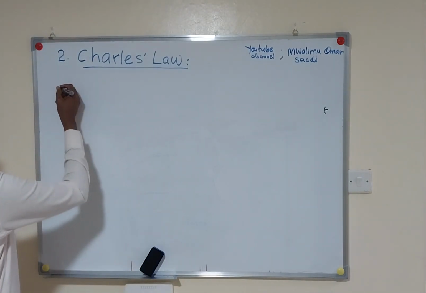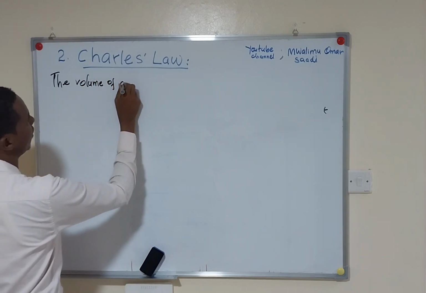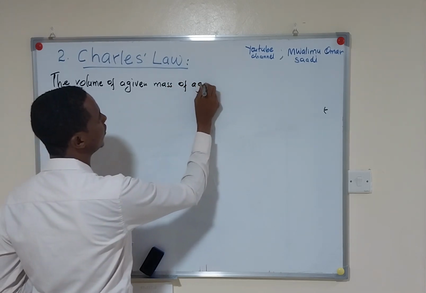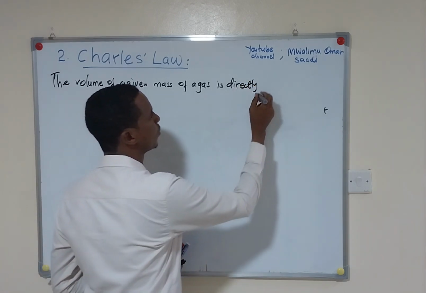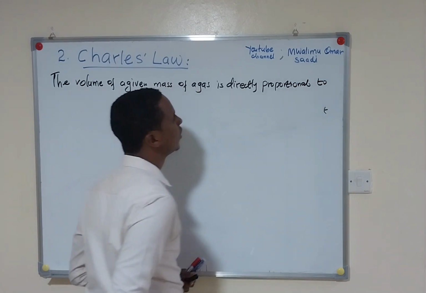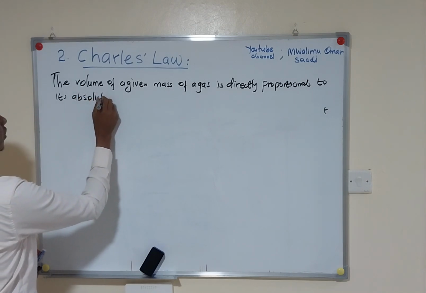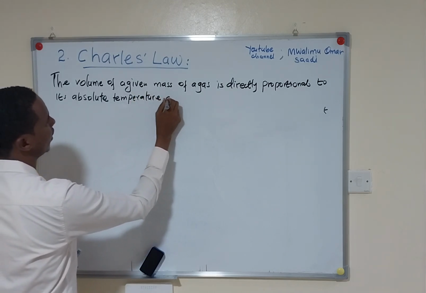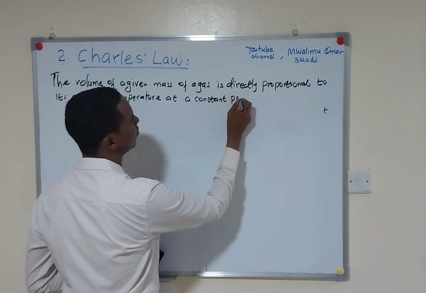So the law states the volume of a given mass of a gas is directly proportional to its absolute temperature at a constant pressure.